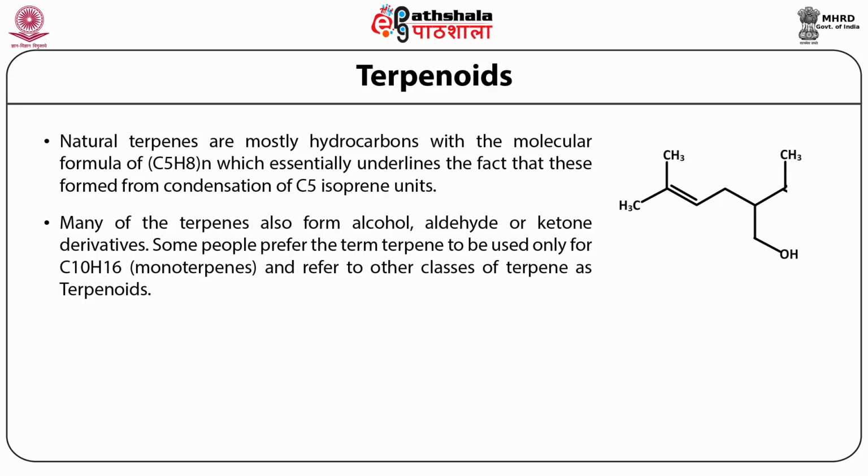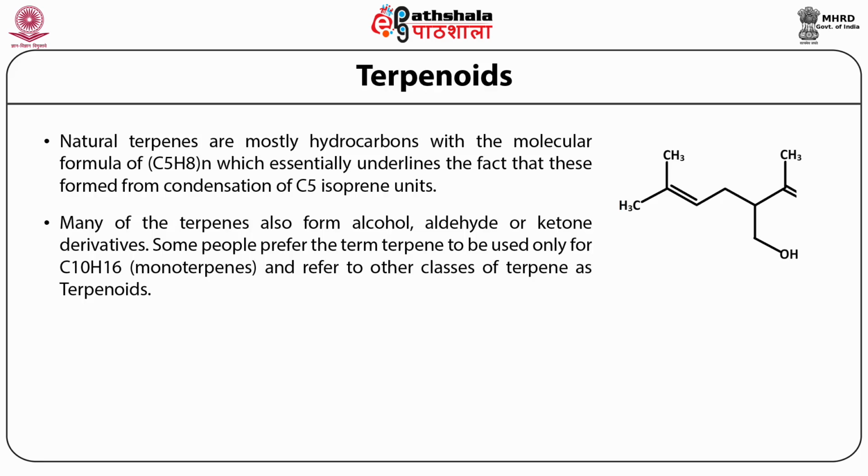Some people prefer the term terpene to be used only for C10H16, that is monoterpenes, and refer to other classes of terpenes as terpenoids. Thermal decomposition of many terpenes gives isoprene as the common product. That's how the early chemists realized that the terpenes are formed from condensation of isoprene units.